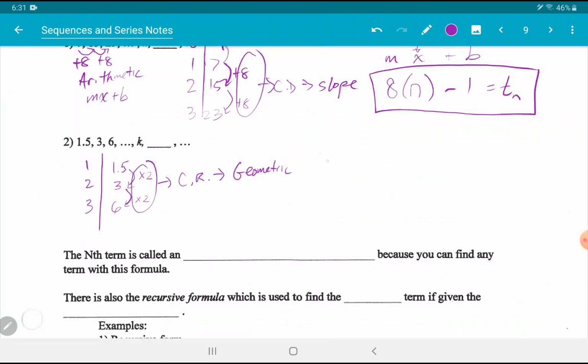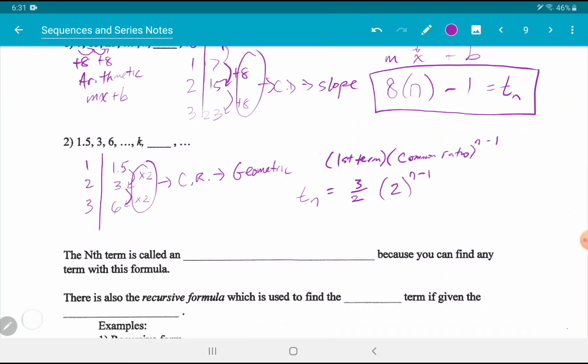And if you recall, our geometric formula was created by doing the first term multiplied by the common ratio taken to the power of n minus 1. So in this case, to find the nth term, our first term is 1.5, or I'm just going to say 3 over 2. That's our first term, times the common ratio 2 to the power of n minus 1.